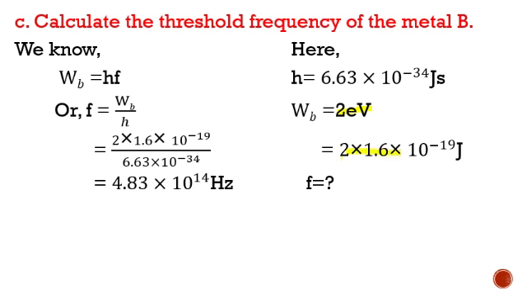That's why it is multiplied by 1.6 into 10 to the minus 19. Don't forget that if there is electron volt, then you have to convert it into joule by multiplying by 1.6 into 10 to the minus 19. h is fixed here, 6.63 into 10 to the minus 34 joule-second, and we will find f, the threshold frequency, as W divided by h. We will put all the values and get 4.83 into 10 to the power 14 hertz. So this is for the C marks question. Don't forget to write the data perfectly.